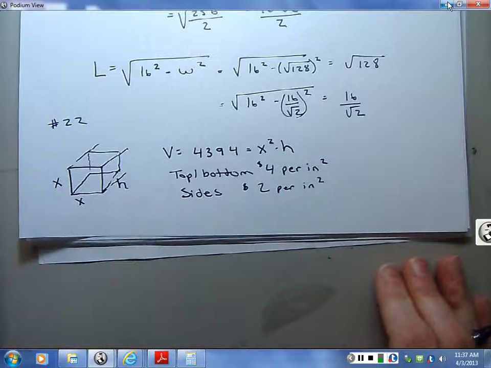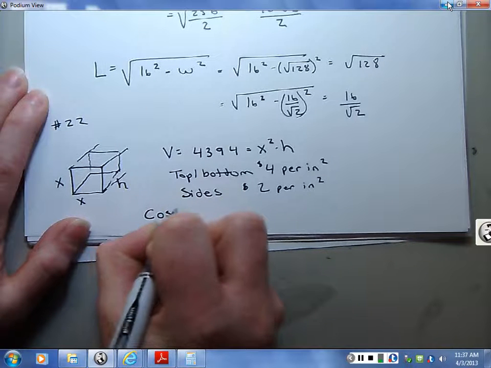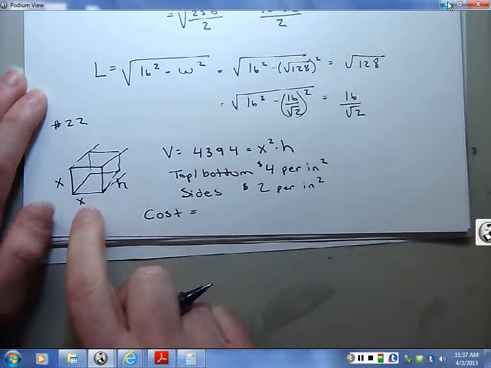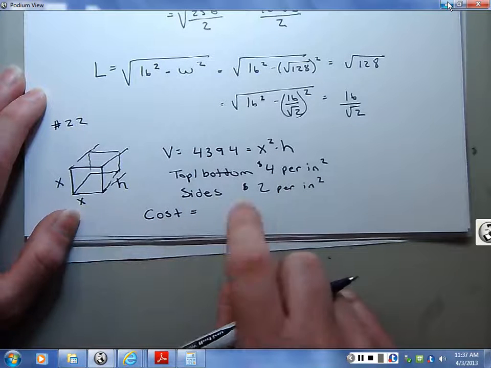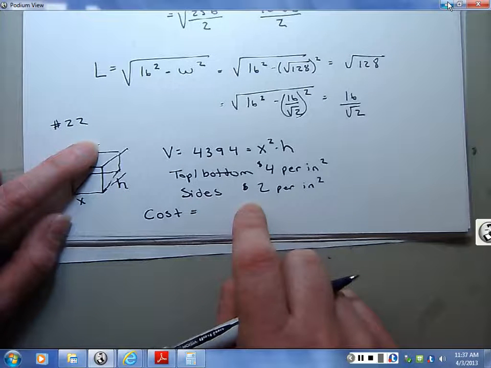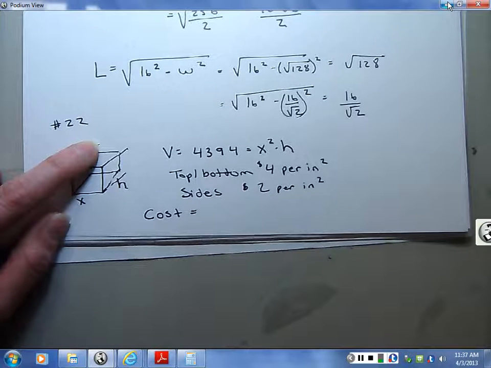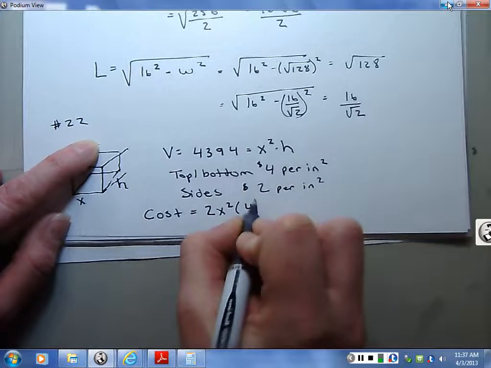What do I want to minimize? The cost, right? So I need a function for cost. How much does it cost to make the top? Very good. 4 times x squared. And how much does it take to make the bottom? 4 times x squared, right? So I have 2 of those, so I have 2 x squareds, and that costs me $4, right?